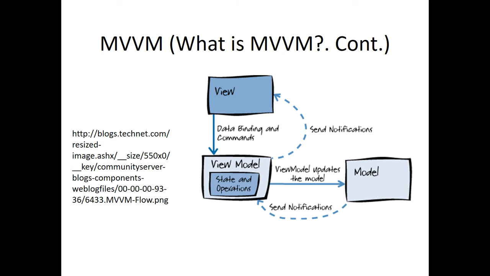And your view model, as it says, handles the state and the operation, and it will send the notifications back from a command from the view, or if an object has changed, a model has changed, and you want to reflect that in your view.